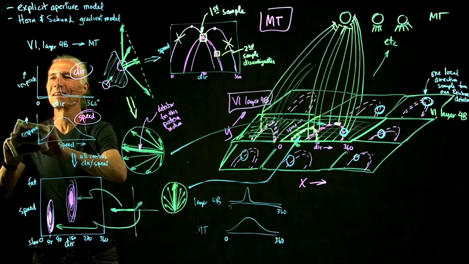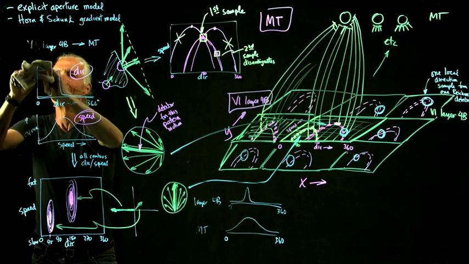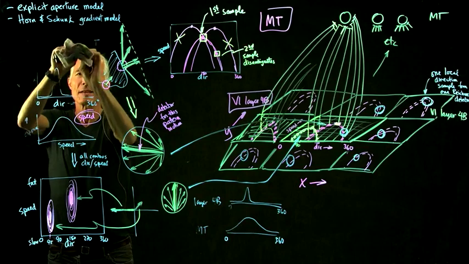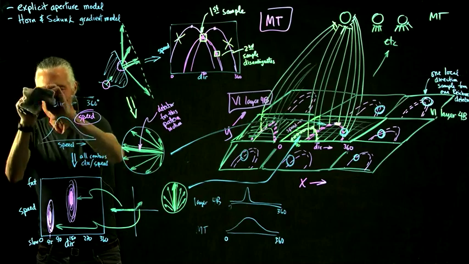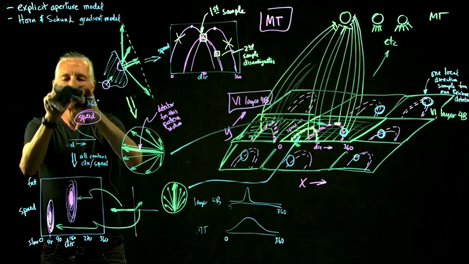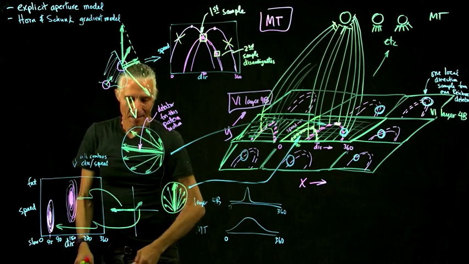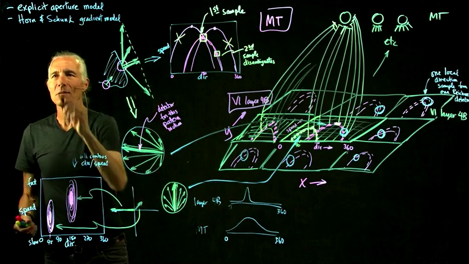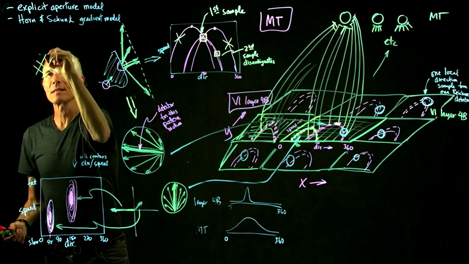Yeah. So this is how neurons react when what? So the idea is we don't know that these are the exact connections, but this is one possible explanation for why the neurons in MT are capable of responding correctly if you give them something like this.